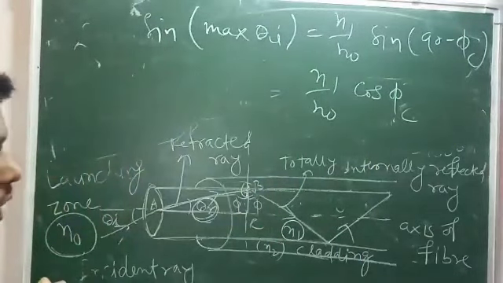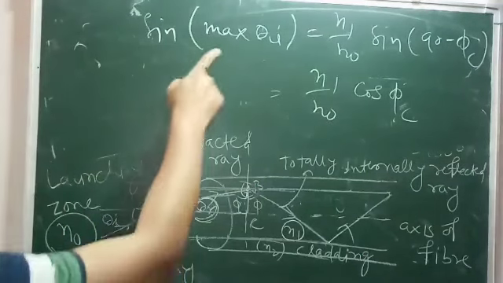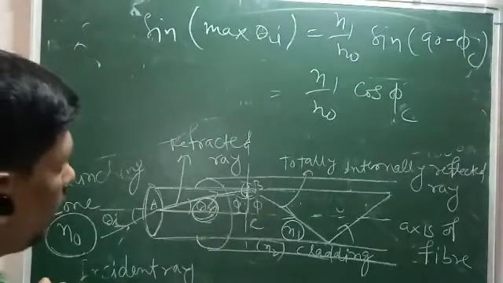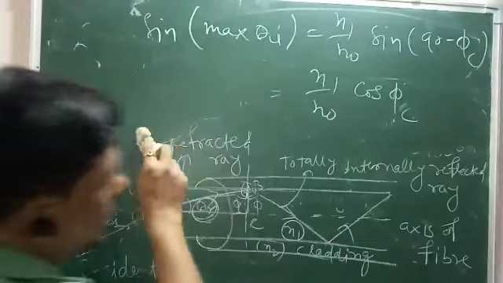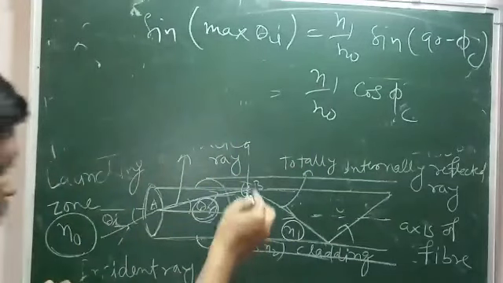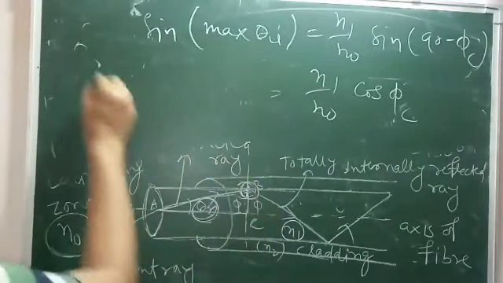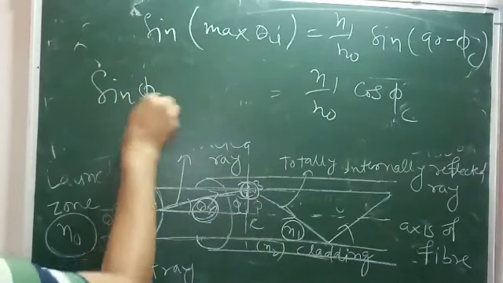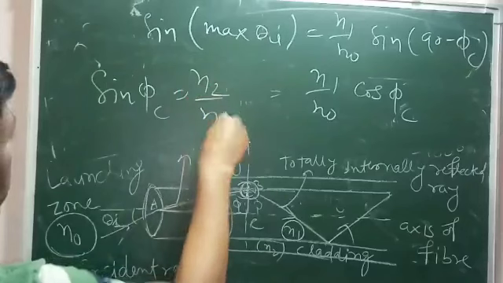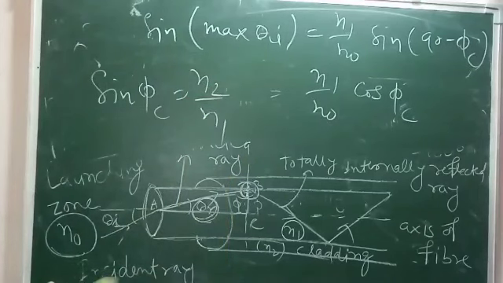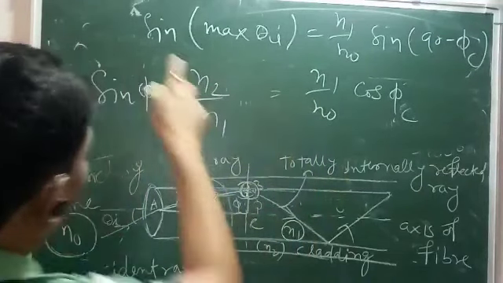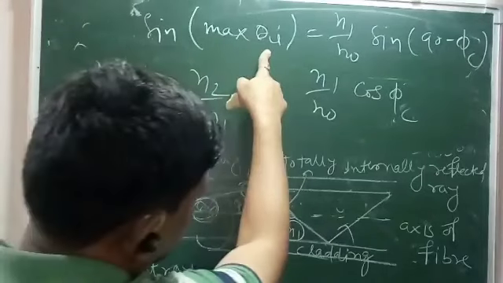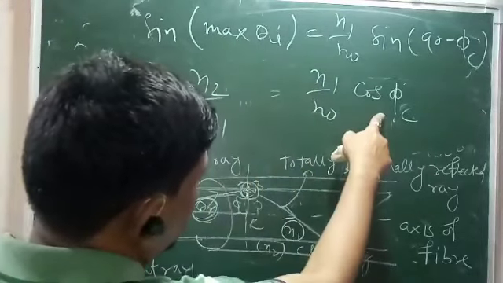Using the trigonometric properties, again we can apply the Snell law at the core-cladding interface point B. Here at the point B, sin phi c is equal to N2 by N1. So the value of sin maximum theta i is equal to N1 by N0 cos phi c.